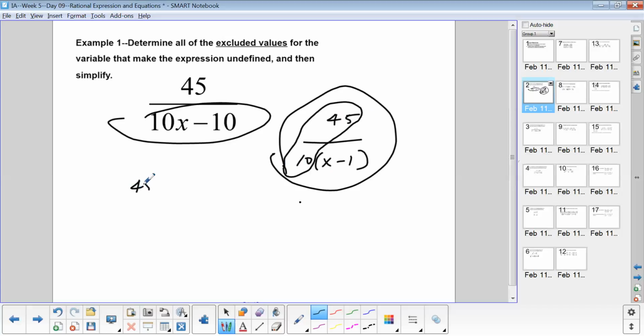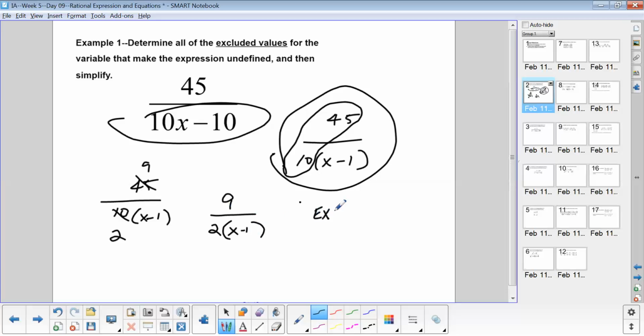Yes, I can. I'm going to leave the x minus 1, and the 45 tenths both contain a factor of 5. So 5 divides 10 two times, 5 divides 45 nine times. So what you have is 9 divided by 2 times x minus 1.